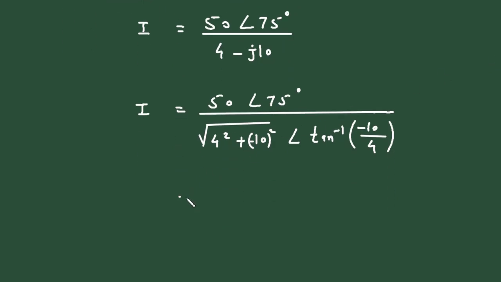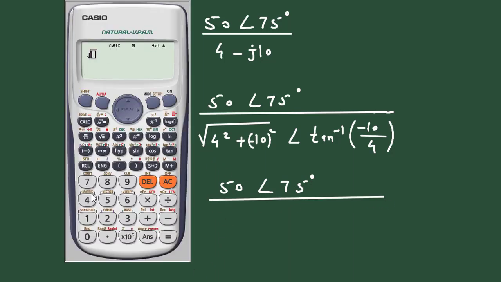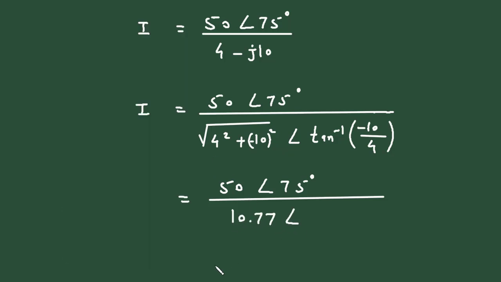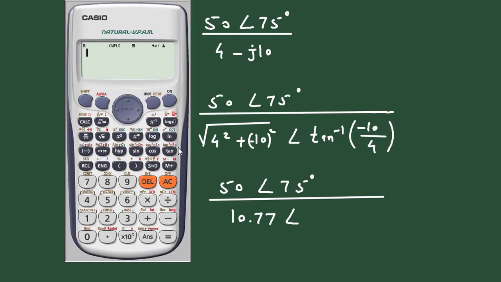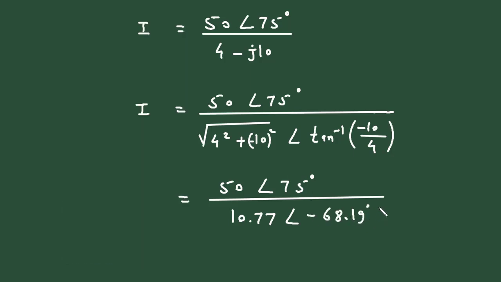Now if we solve this, it will be 50 at an angle 75 degrees divided by, now this will be the square root of 4 squared plus in bracket minus 10 squared. So it is 10.77 at an angle, this will be tan inverse of minus 10 by 4, which is minus 68.19 degrees.